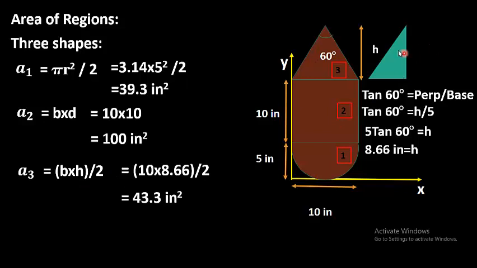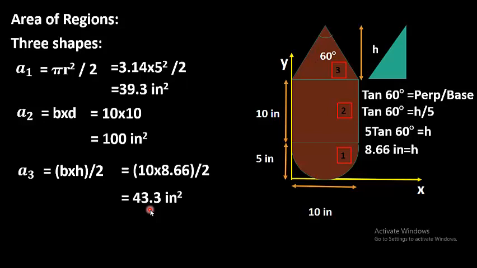To find the height, we split the triangle into a right angle triangle, and by using tan theta equal to perpendicular divided by base, we find h, which comes out to be 8.66. To calculate area 3, the area of the triangle, we put the values in the given formula and it comes out to be 43.3 square inches.